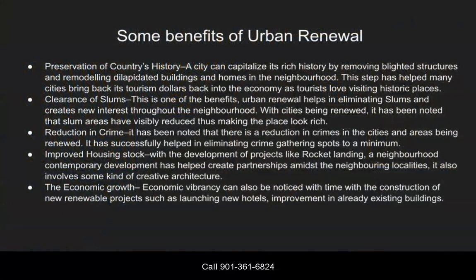So some benefits of urban renewal are the preservation of a country's history. A city can capitalize on its rich history by removing blighted structures and remodeling dilapidated buildings and homes in the neighborhood. This step has helped many cities bring tourism dollars back into their economies, because tourists love to visit these historical places.